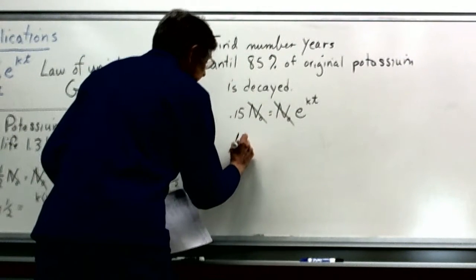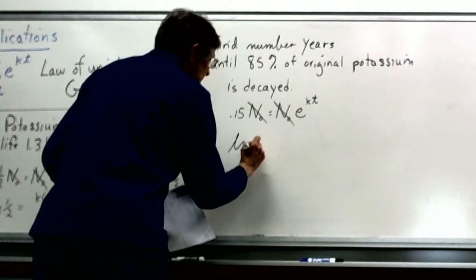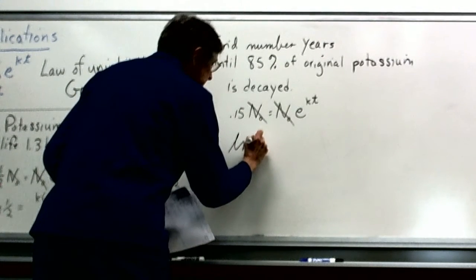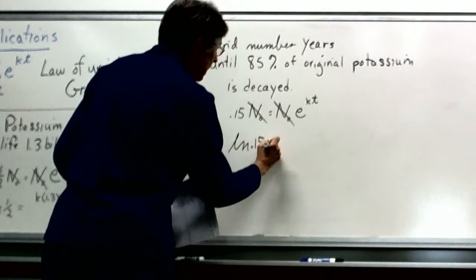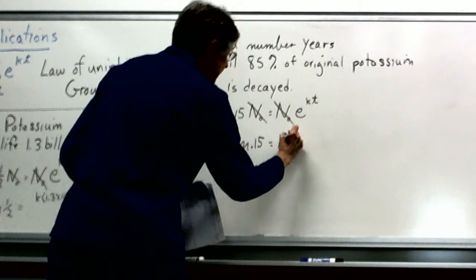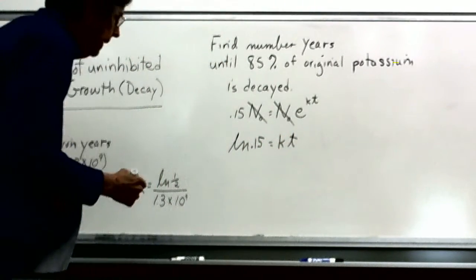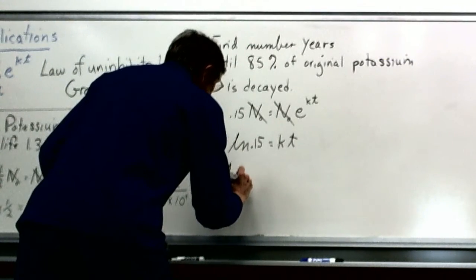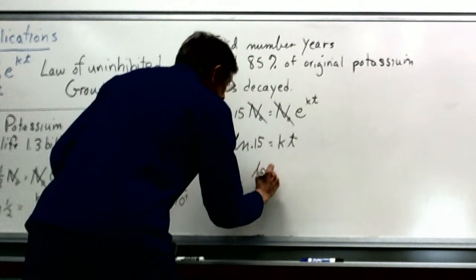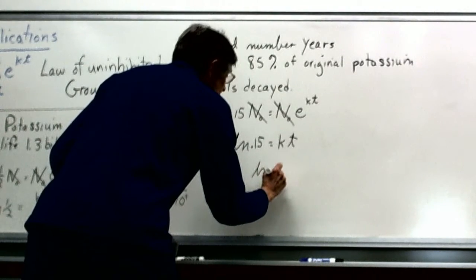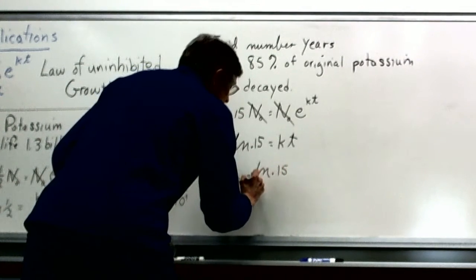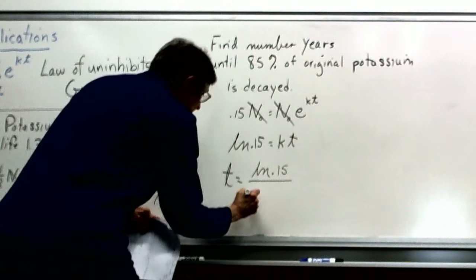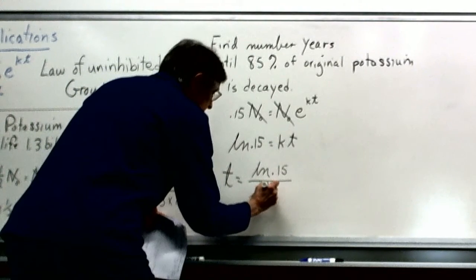So we'll have the natural log of 0.15 equal to k times t, divide by your constant k that we found over here. We'll have t equal to the natural log of 0.15 divided by this constant that we found in the first step.